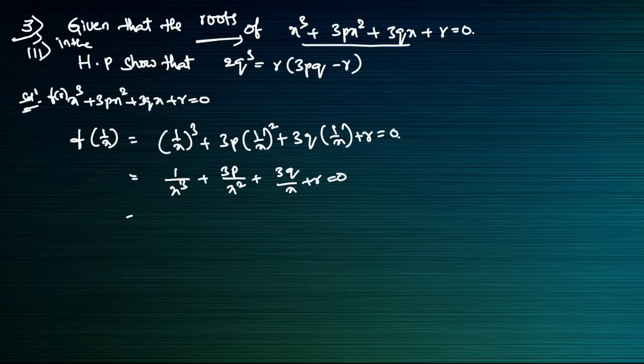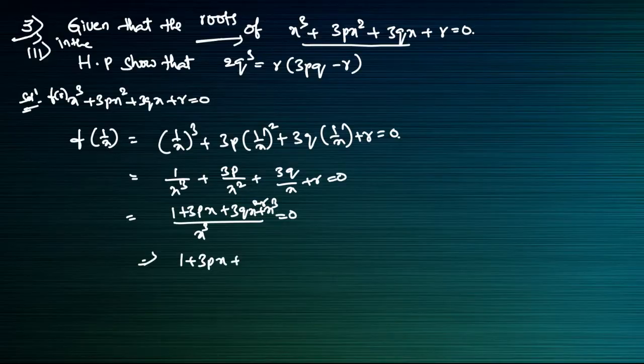Here the LCM is x cube, so it will become 1 plus 3px plus 3q x square plus r x cube is equal to 0. So this is the equation.